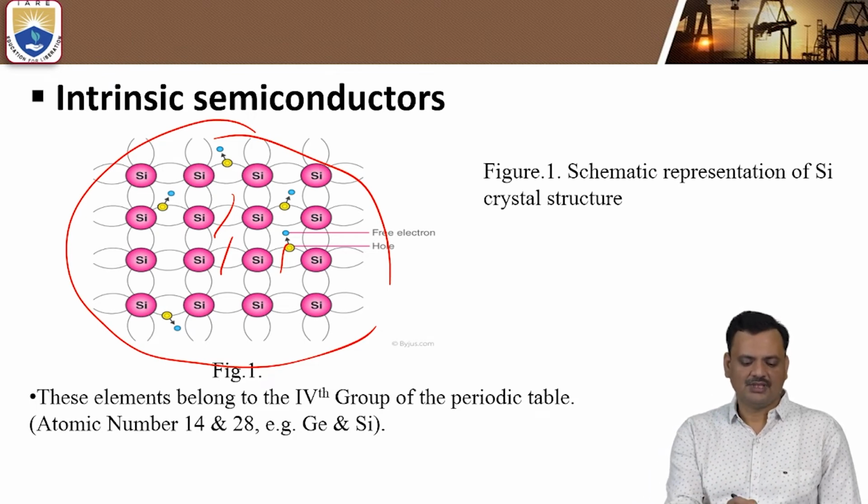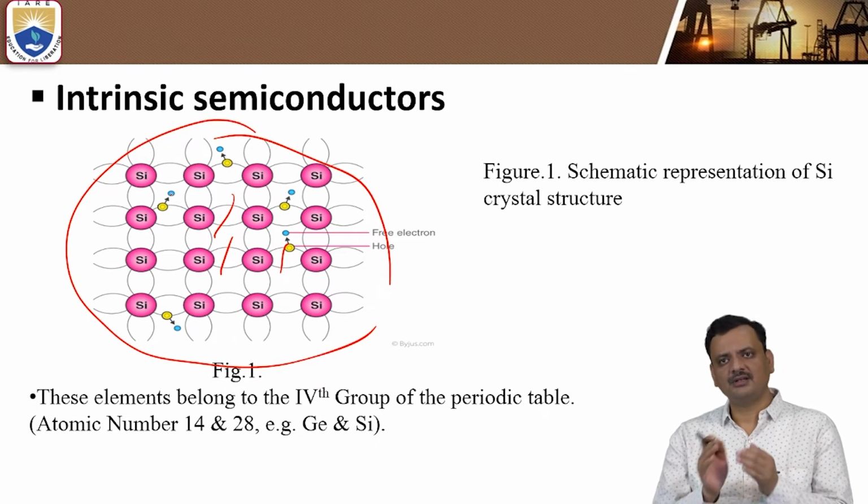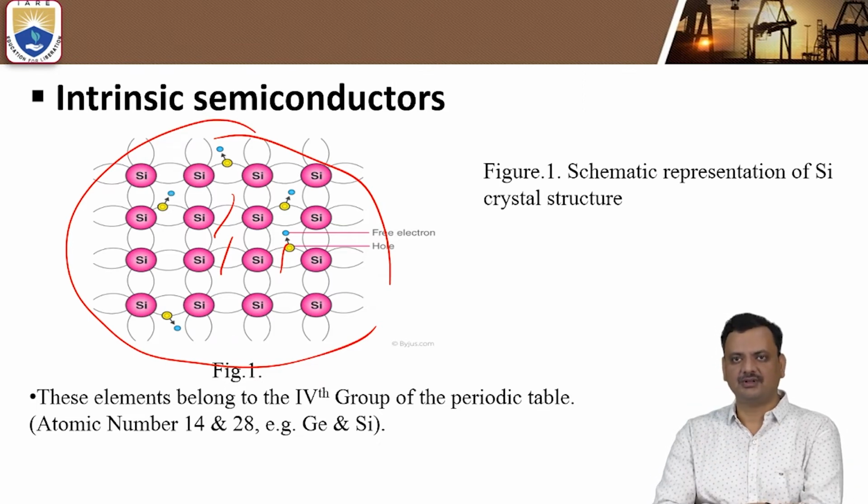Okay. Meaning if we break this covalent bond, then definitely some free electrons will be available.